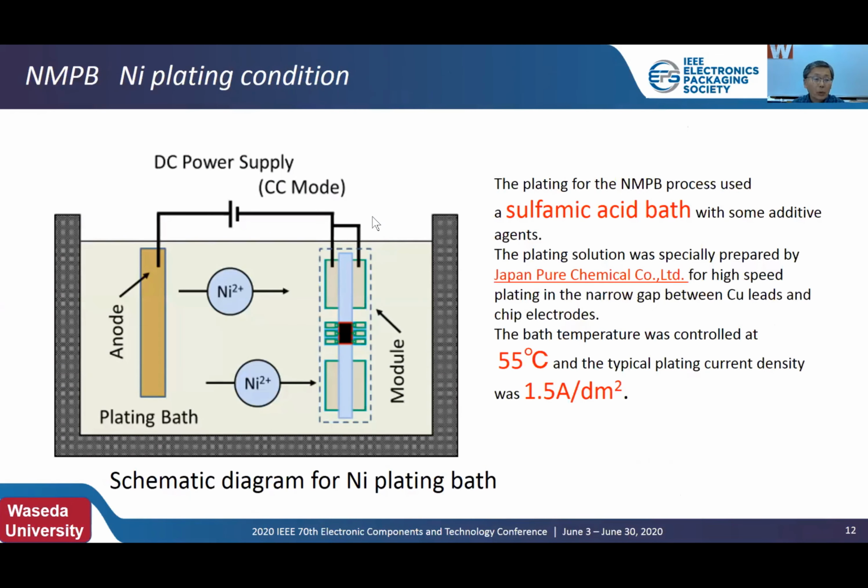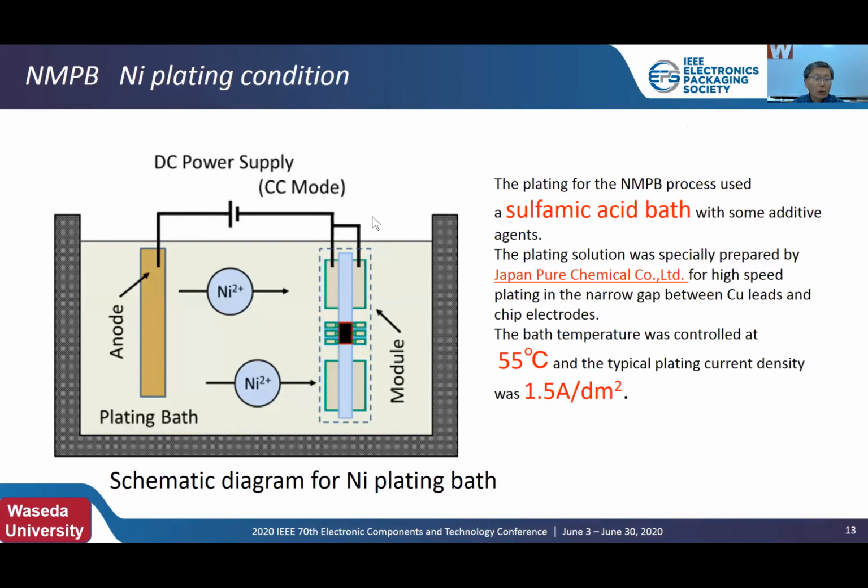In our previous work, we have identified optimal conditions for NMPB, such as the angles of the chevron-shaped copper leads, electroplating conditions, and so on. For the nickel electroplating, we used a sulfuric acid bath with some additive agent.